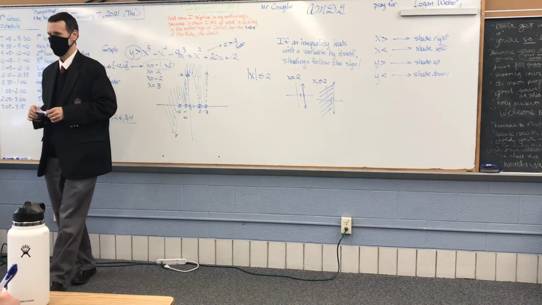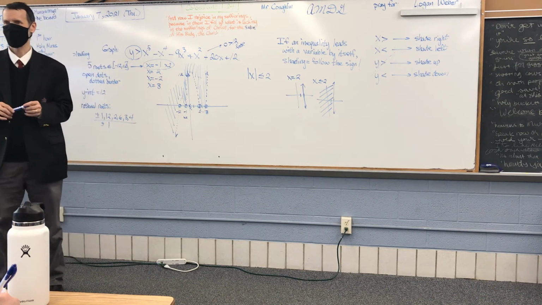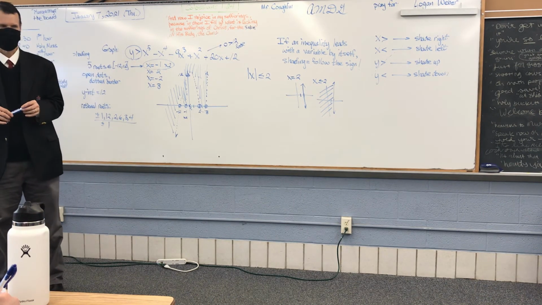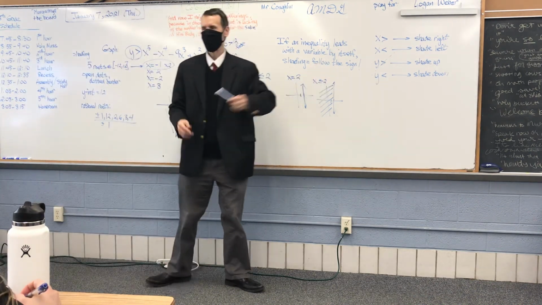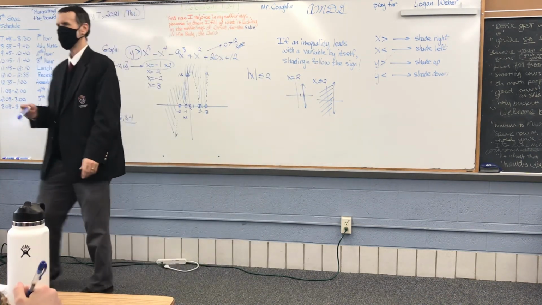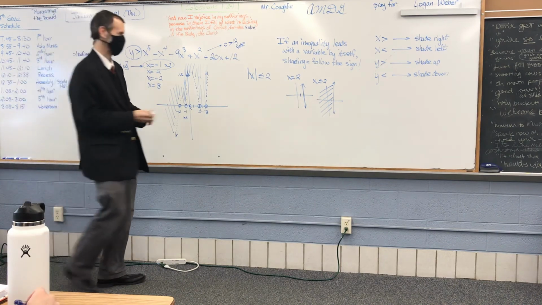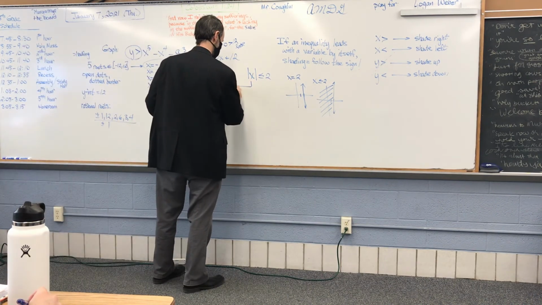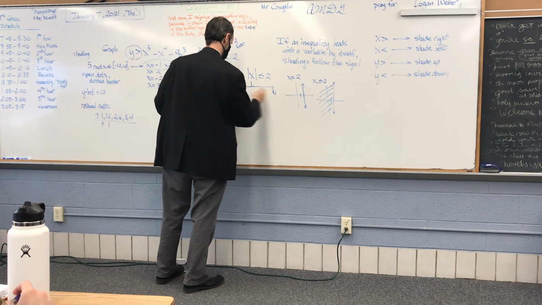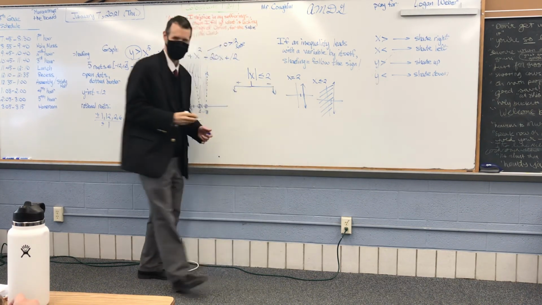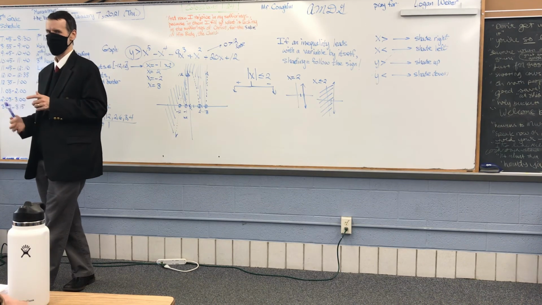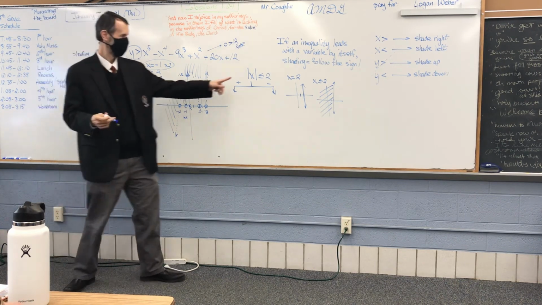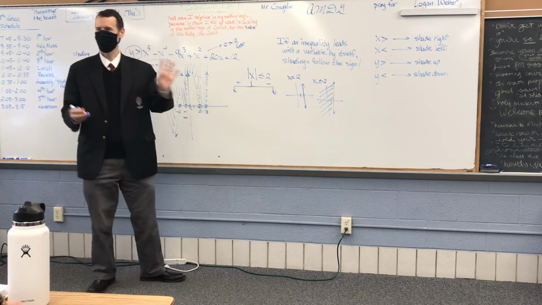Well, you can't graph it yet because the absolute value is in the way. I could graph x is less than or equal to 2, I just did. Well, math people, how do you get rid of an absolute value? You split it. Stuff inside, equal.